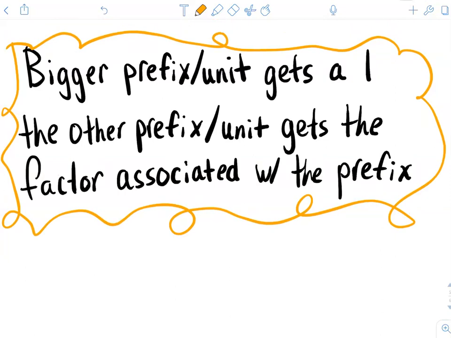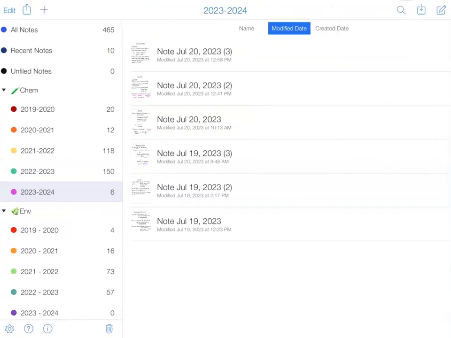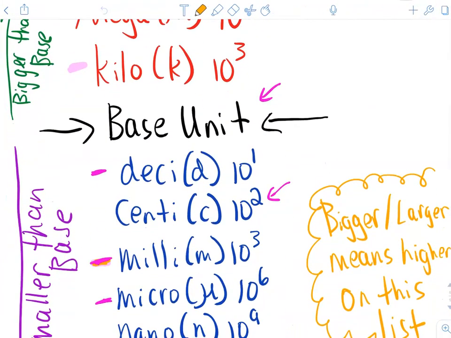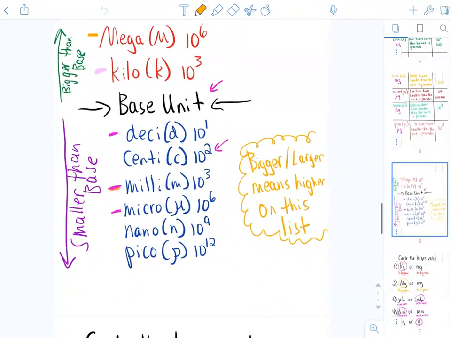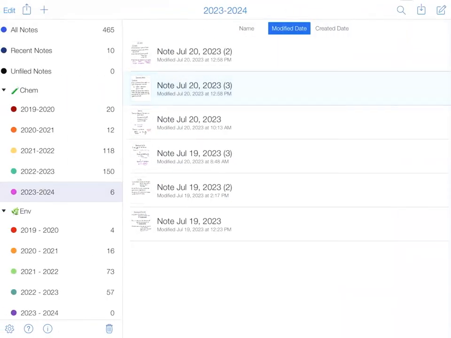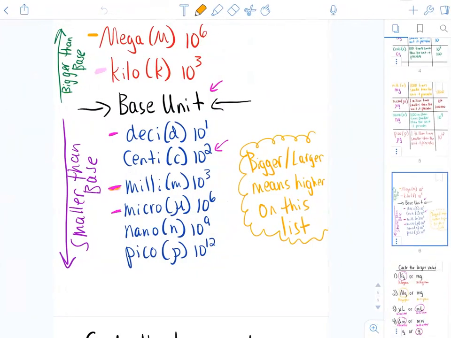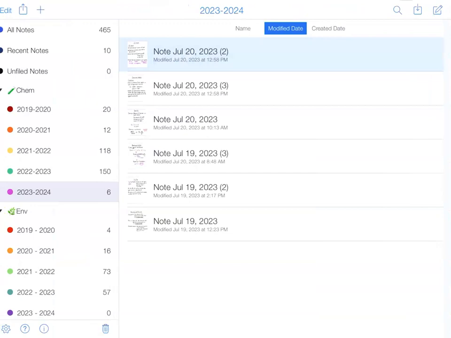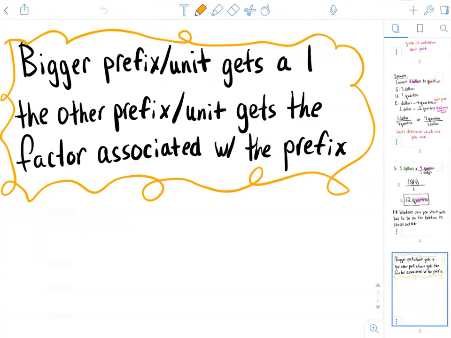So you need to go back and you need to pull out this chart. You should have this chart, but you want to make sure that you have it out.